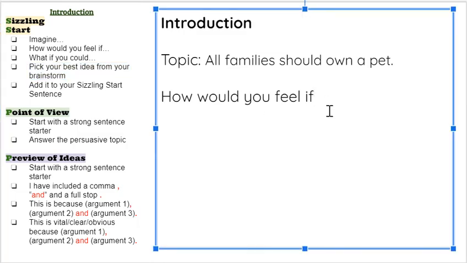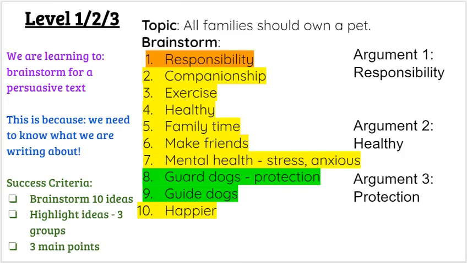So if you go back to the brainstorm, you think about how would you feel if you could be more responsible, if you always had a friend, if you're never lonely, if you were healthy, if you could spend time with your family, if you could make friends, if you were less stressed, if you were always protected, if you were happier?